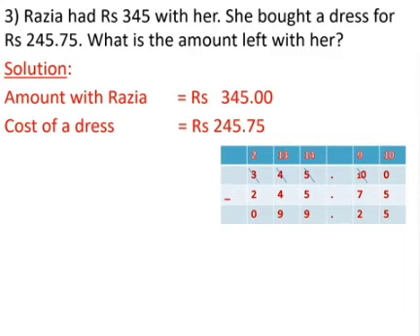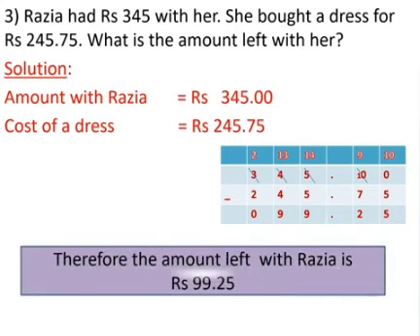The last place we have 2. 2 minus 2 is 0. So what is your answer? 99.25. That is 99 rupees 25 paise. Therefore, the amount left with Razia is rupees 99.25 or 99 rupees 25 paise.